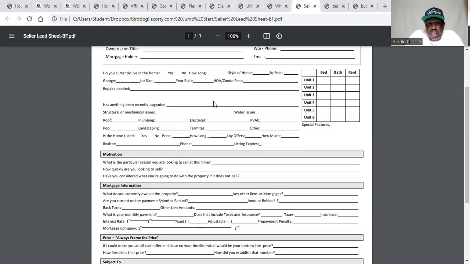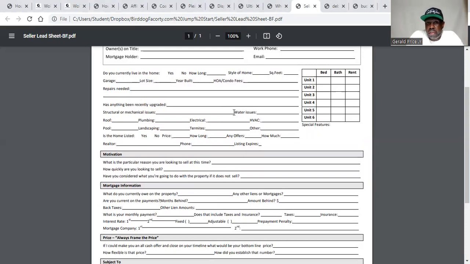Then here are some of the questions. Do you currently live in the home? Yes or no? That's important because that's going to help you understand their motivation. If they live in the home, then there are some things they've got to figure out as they transition out, like where they're going to live, whether they're renting or buying.